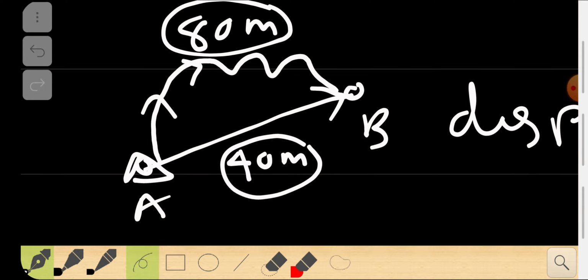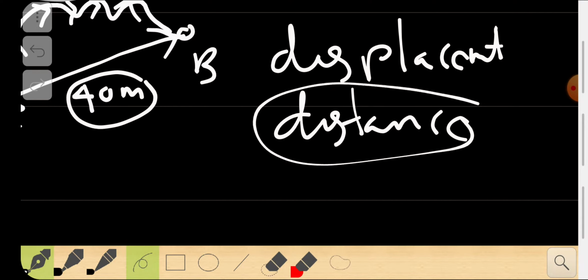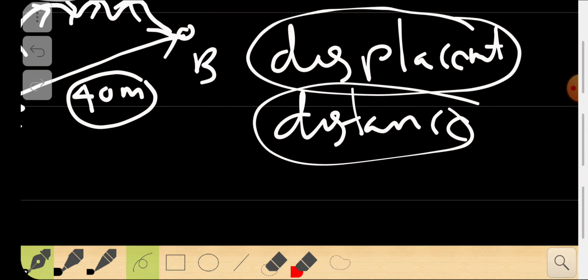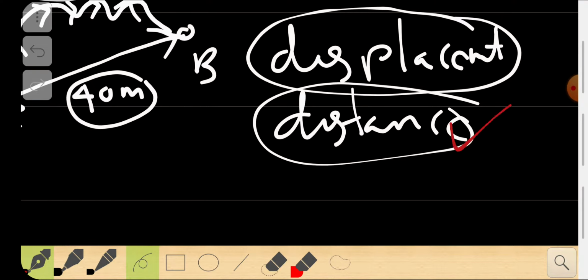As you can clearly see, there is constant change in direction, and this path is called distance. So here distance is a scalar and displacement is a vector. The intrinsic property is that distance has no particular direction, but displacement always has a direction.